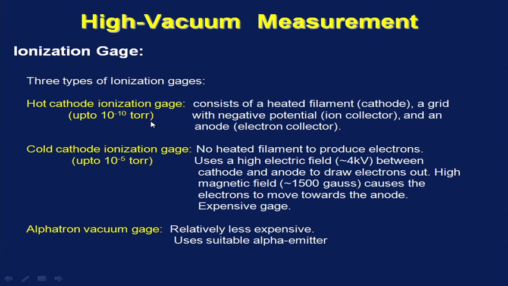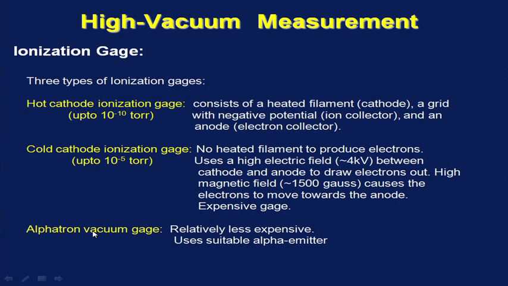The hot cathode ionization gauge can be used to measure vacuum as low as 10 to the power minus 10 torr. Cold cathode ionization gauge can be used up to 10 to the power minus 5 torr.